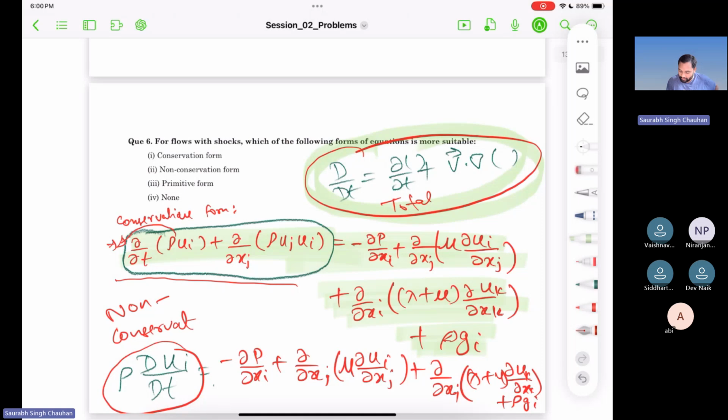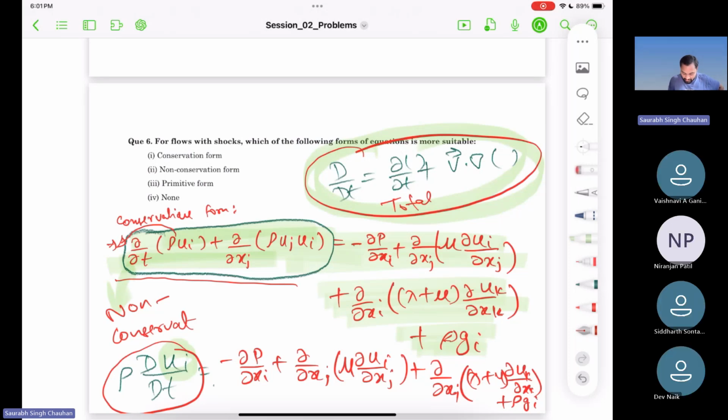This is called total derivative, the total derivative of velocity. So this similar equation will be simplified to this non-conservative form. This non-conservative form looks simpler, but for flows which have some sudden changes or discontinuities, this is problematic.